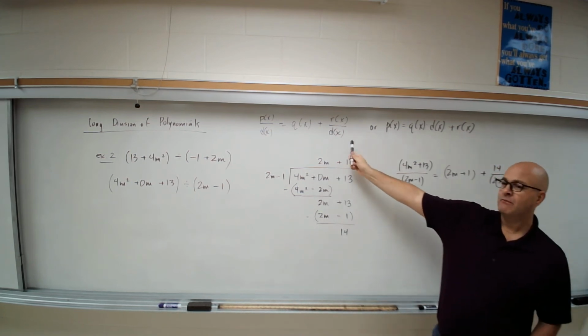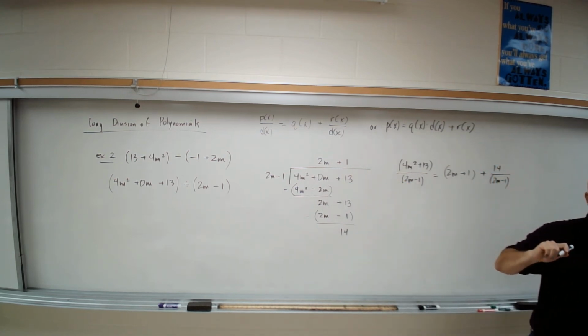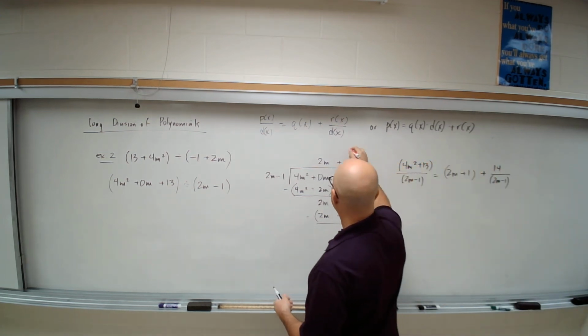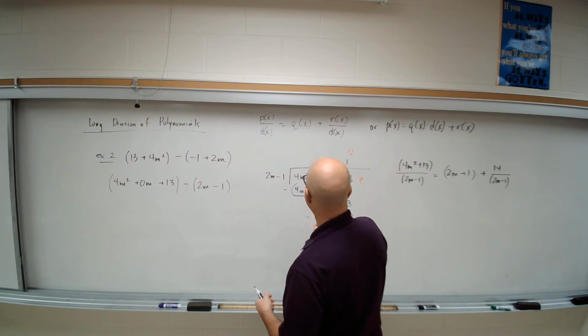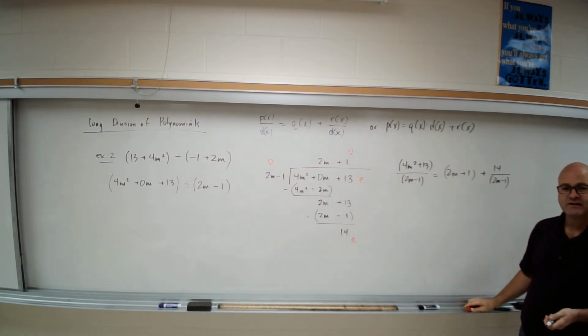So again, it might be written like that. That makes sense? That we're just kind of filling in the pieces. Again, this is our remainder. This is our quotient. This is P, and that's D, if that kind of helps you with the location there.